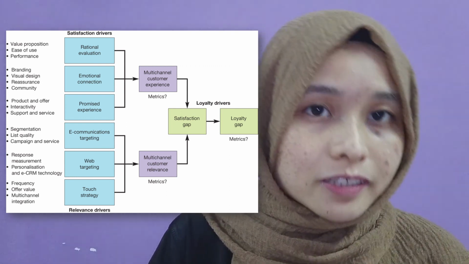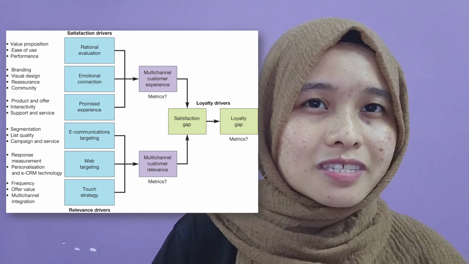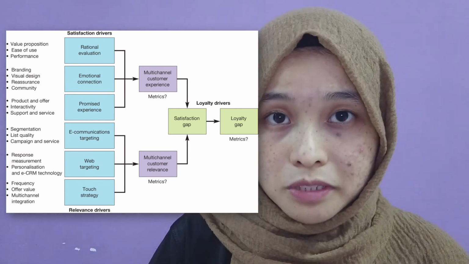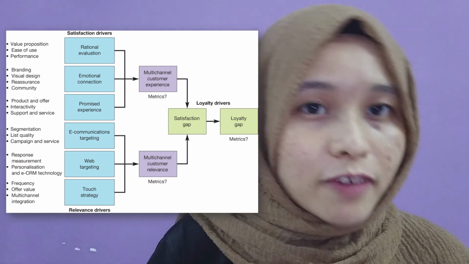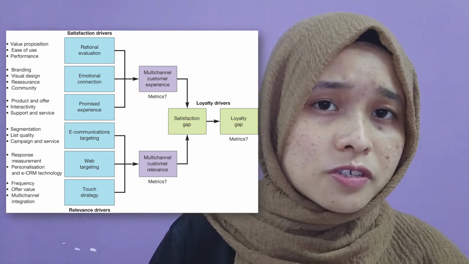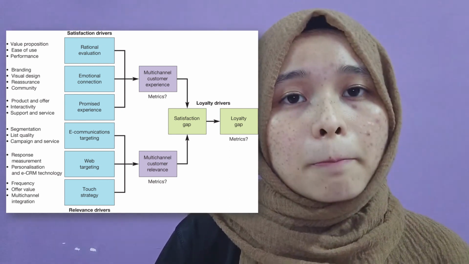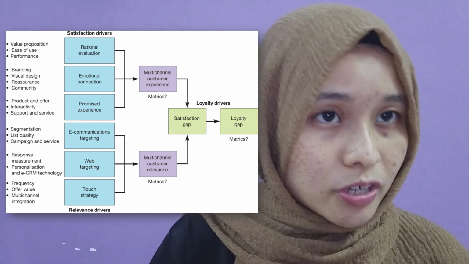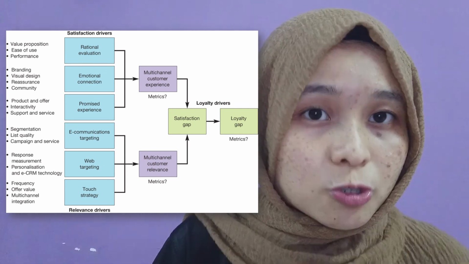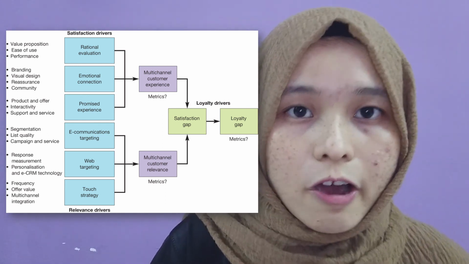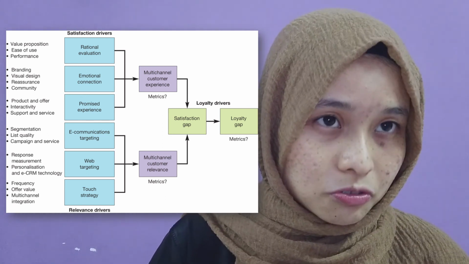The fourth is e-communications targeting, which consists of segmentation, list quality, campaign, and service. The fifth is web targeting, which consists of response measurement, personalization, and eCRM technology. And the last is the touch strategy, which consists of frequency, offer value, and multi-channel integration.